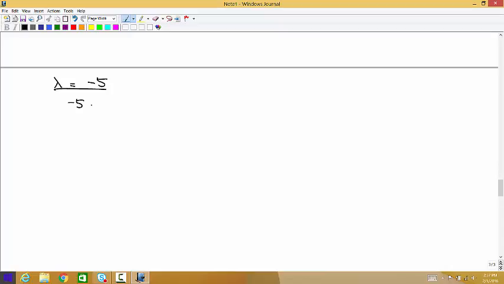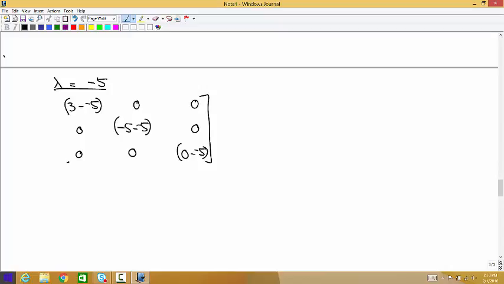So our problem is, no, it is 3 minus negative 5, 0, 0, 0, negative 5 minus negative 5, and then 0, 0, 0 minus negative 5, times nx, ny, nz, is equal to zeros.